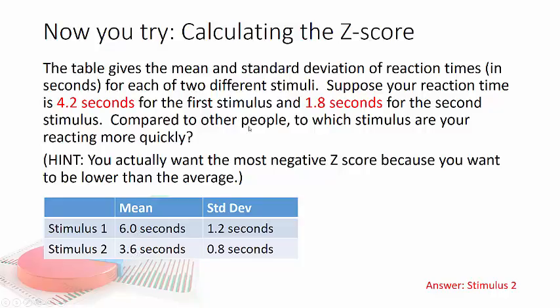So both of these are 1.8 seconds below the mean. But which one is actually a little faster compared to other people? Here's the hint: you want the most negative z-score because you want to be lower than the average. So in that case, you can see the answer you should check. You should find out that stimulus 2 is the most negative z-score.